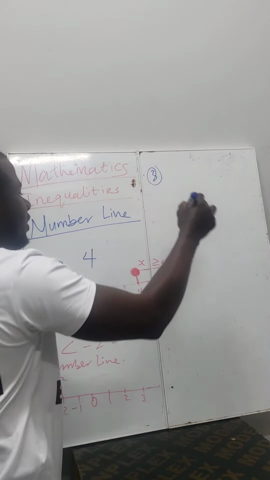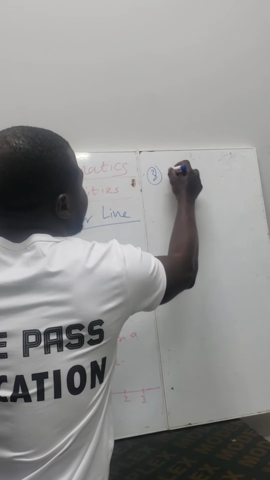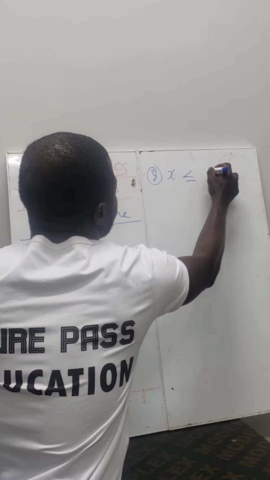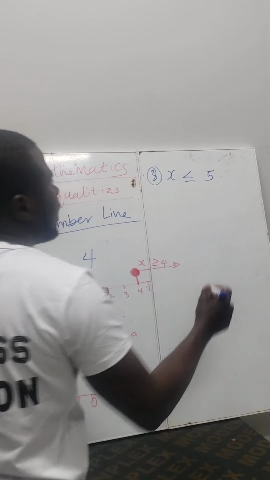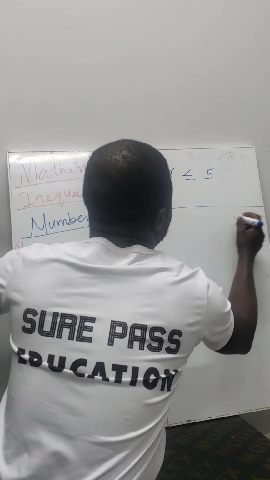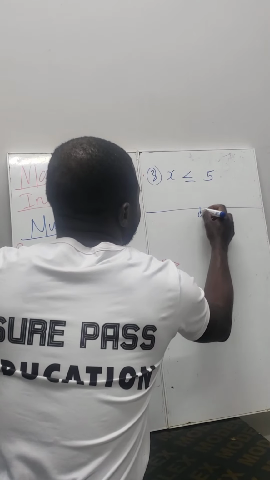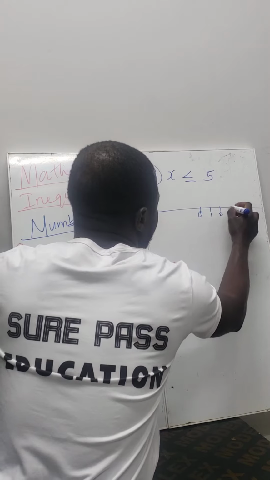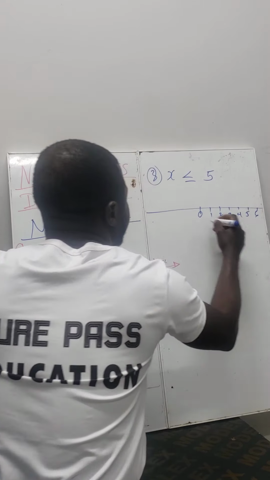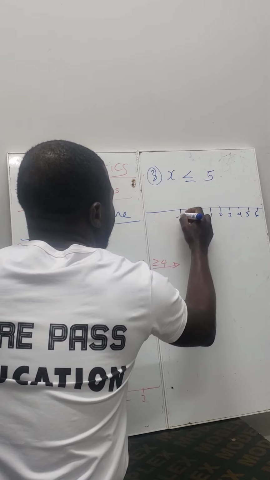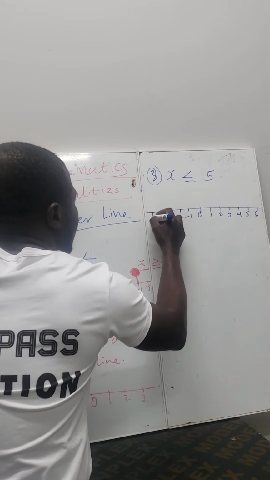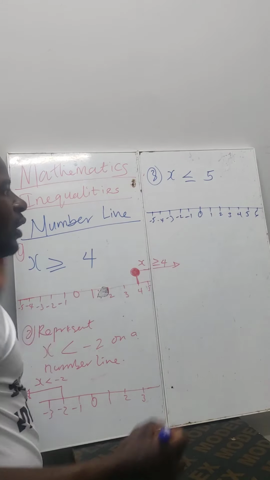Assuming we are asked to represent this on the number line: x less than or equals to 5. This is our number line: 0, 1, 2, 3, 4, 5, 6. Minus 1, minus 2, minus 3, minus 4, minus 5, and so on.